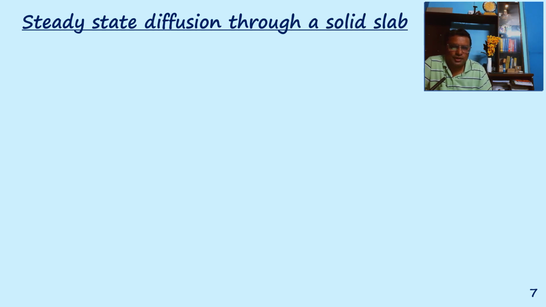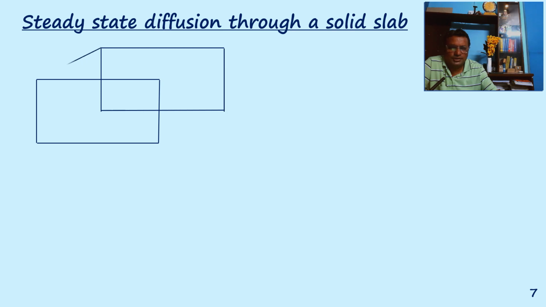For steady state diffusion at a constant rate through a solid slab, how to get the rate of diffusion? At the end of this discussion, we will have one equation that will allow us to calculate the rate of diffusion through a solid slab. For that, we will consider a solid slab.